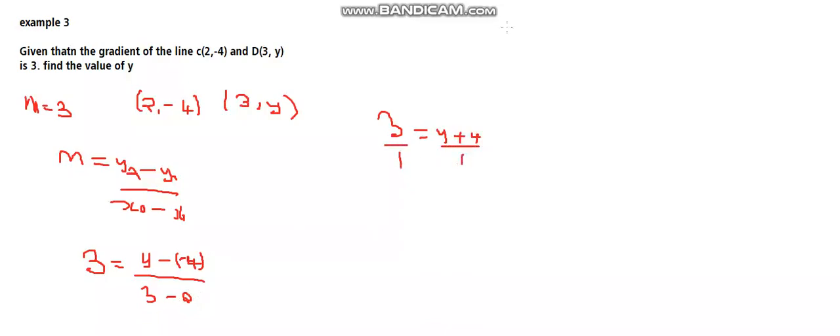Then I have to cross multiply. So 1 times 3 is 3, equal to 1 times y plus 4, which is just y plus 4. To collect the like terms, the 4 should come this side. We have 3 minus 4, which is equal to y. Then 3 minus 4 is negative 1, which is equal to y. Therefore, y is equal to negative 1.